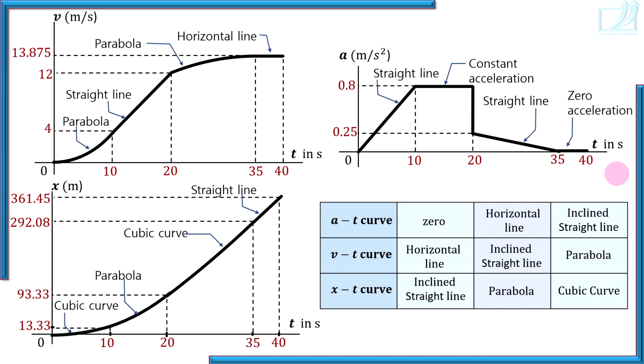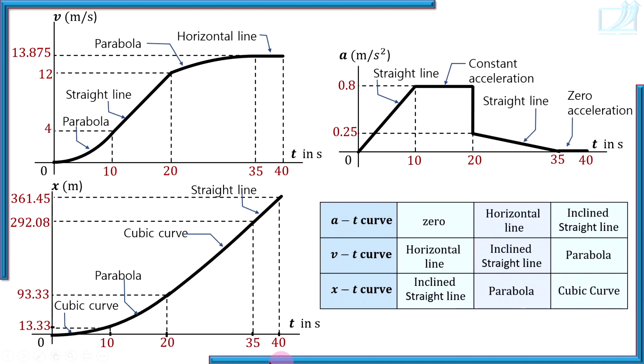So it is a parabola because velocity is a function of t squared. When you integrate velocity, you will get x proportional to t cube. So again the power of t increases, and when it is x, it is a cubic equation. That is why we say cubic curve.